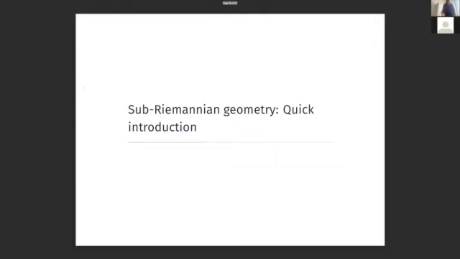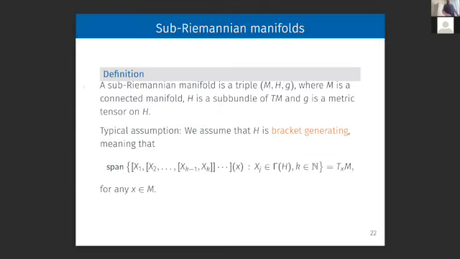So, a quick introduction to sub-Riemannian manifolds. We have now the same kind of setup, but the only difference is that we have a subbundle H of the tangent bundle where the inner product is defined. So unlike having it on all of the manifold, we now only have it on a subbundle. In general, if we just pick any random subbundle, this does not give us any meaningful geometry.